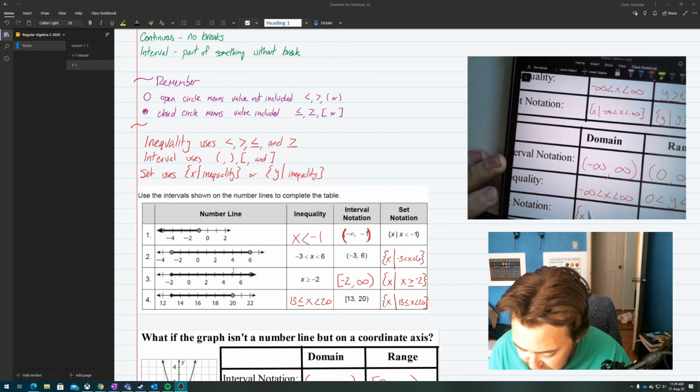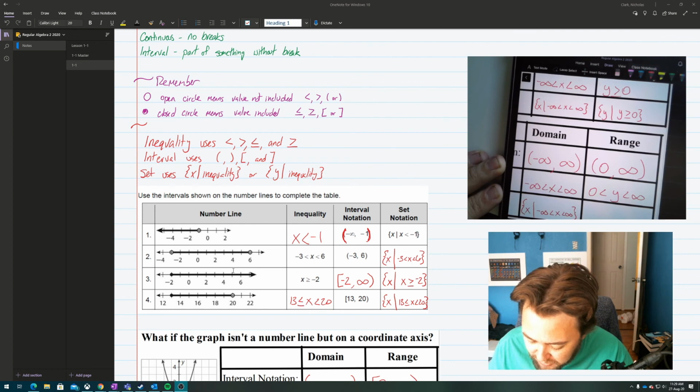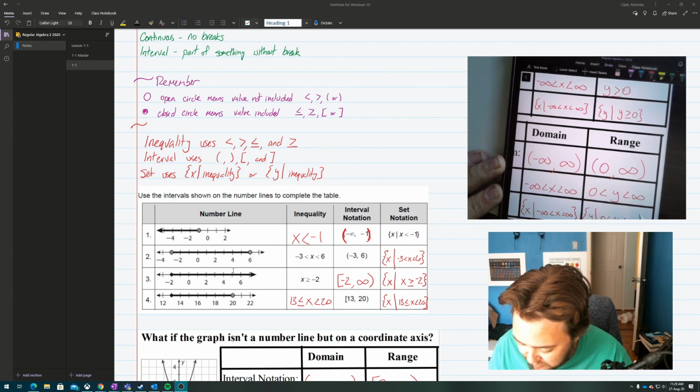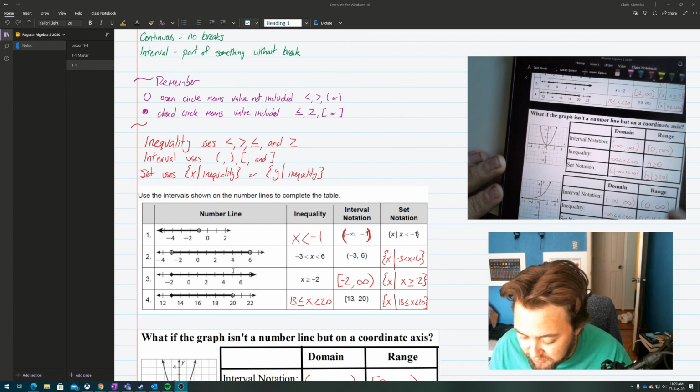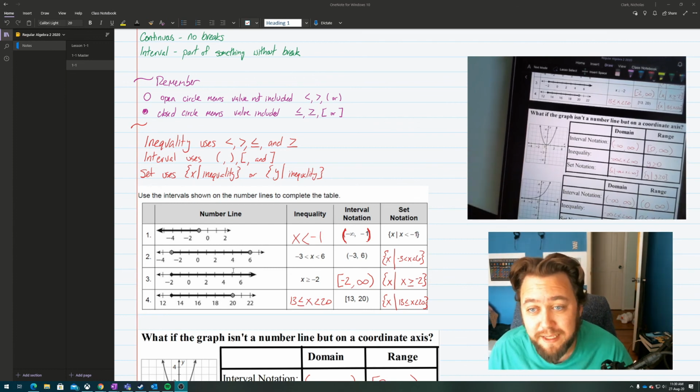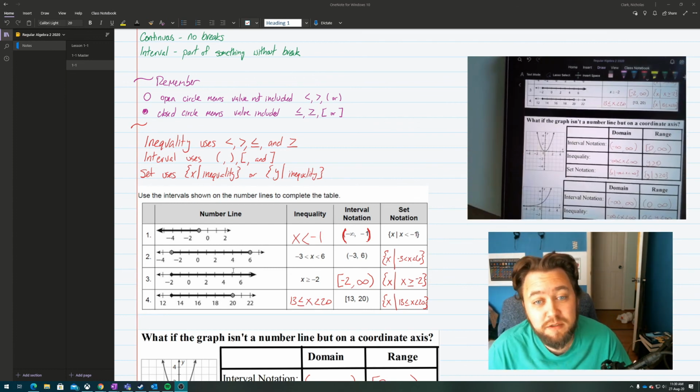Curly bracket x such that negative infinity is less than x is less than positive infinity. Close curly brackets for our domain. And for our range, it'll be curly brackets y such that 0 is less than y is less than infinity. Close curly brackets. So that is domain and range in a nutshell, using inequality, interval notation, and set notation.